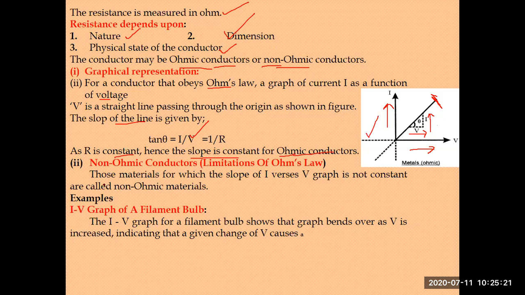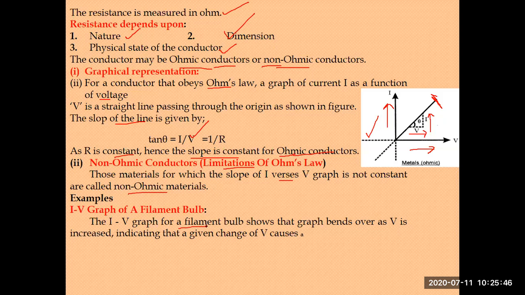So what are the non-ohmic type of conductors? These are the limitations, because you can't apply Ohm's law in the case of non-ohmic conductors. Those materials whose slope of the I versus V graph is not constant are called non-ohmic. And the IV graph of a filament bulb is basically non-ohmic.